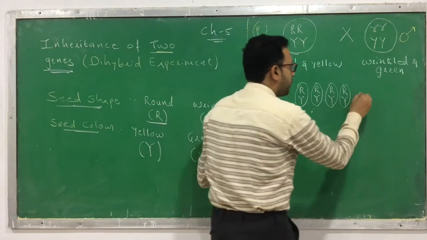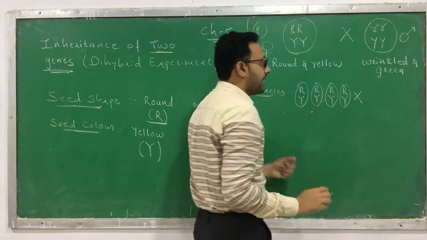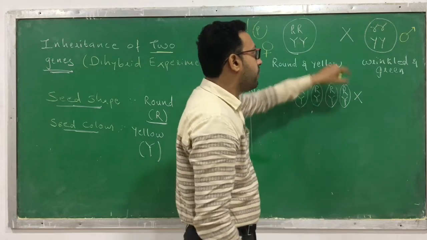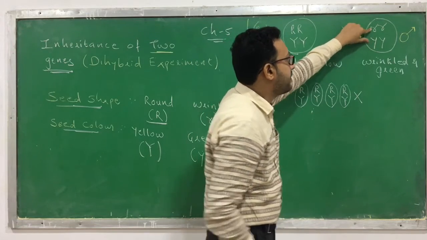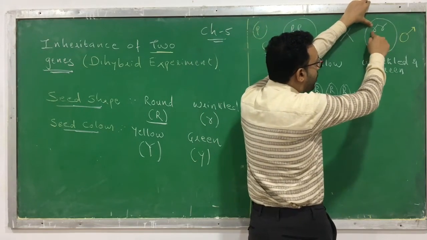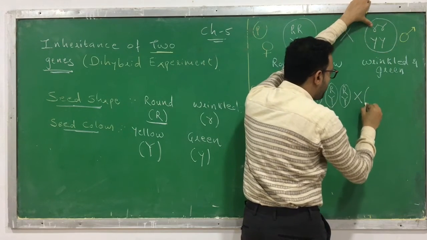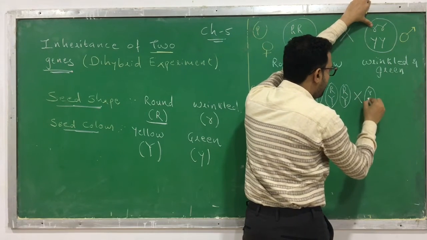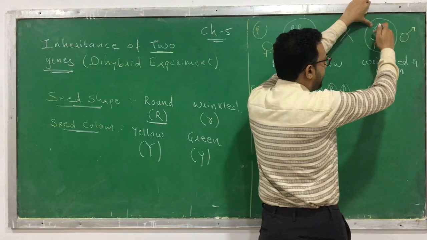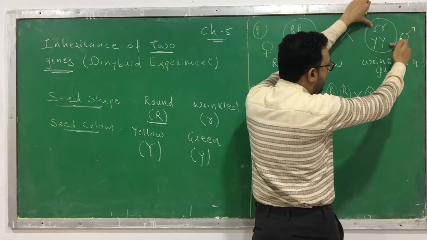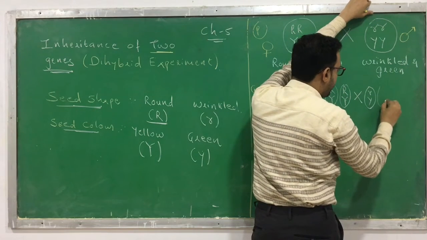Now he crossed it with this. Now we can also form its gametes. So what are the gametes of it? See, same thing. Small r, small y. So the first gamete over here is small r, small y. Another gamete going across, small r, small y. So this is the second gamete.